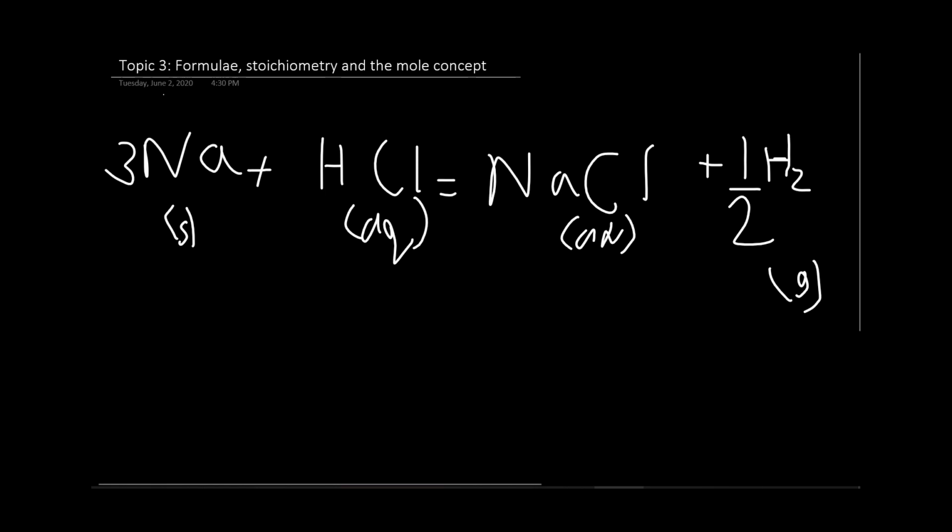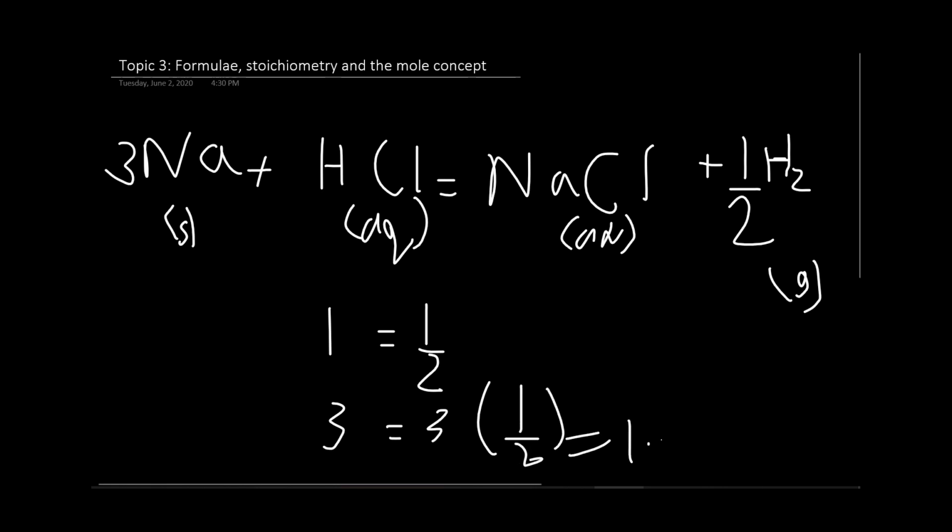Let's just see. Initially we had 1 mole of sodium, and 1 mole of sodium ended up producing half mole of hydrogen gas, right? So if 1 mole of sodium produces half mole of hydrogen gas, 3 moles of sodium will produce, you guessed it, 3 times half mole of hydrogen gas, which is 1.5 moles of hydrogen gas, or 3/2 moles, right?